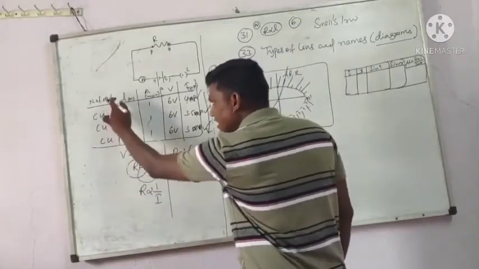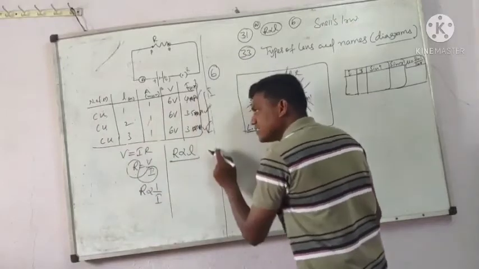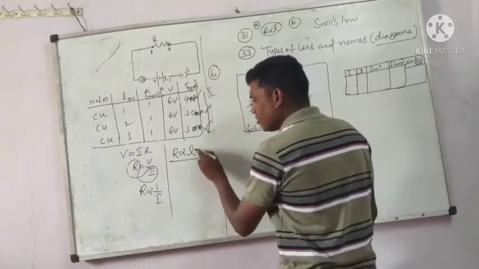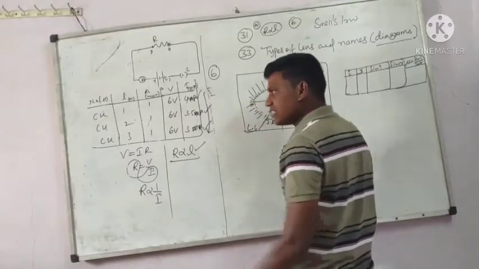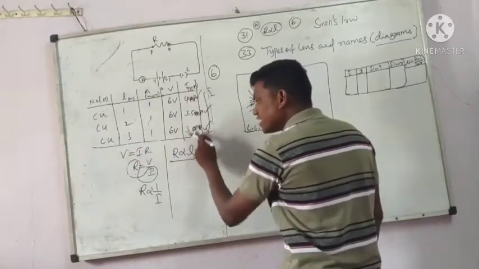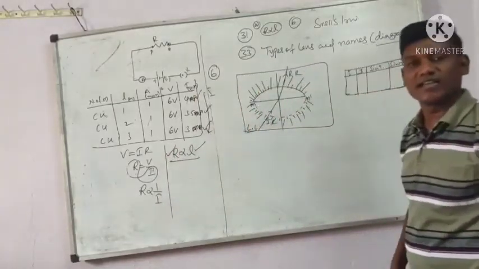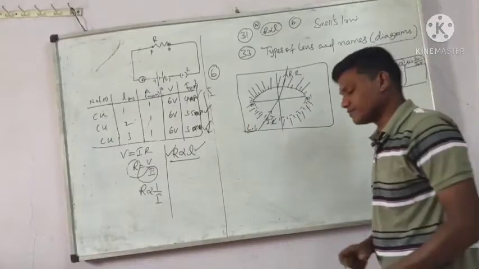So when the length increases, the flow of current decreases, which means the resistance increases. That is the relation between R and L.